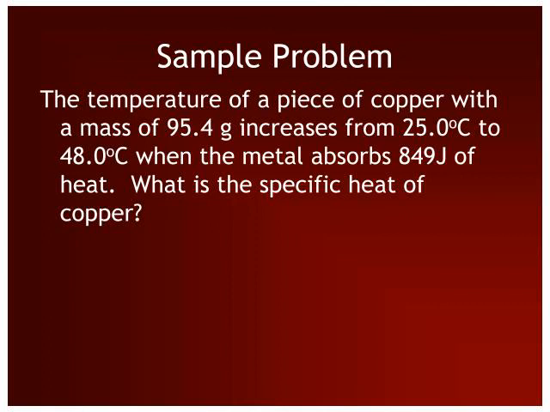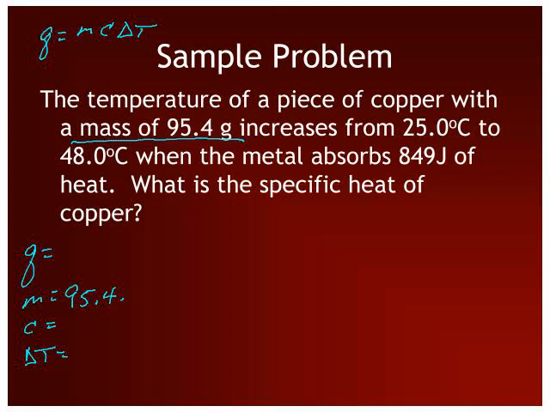Okay, now we have the temperature of a piece of copper with a mass of 95.4 grams increases from 25 degrees Celsius to 48 degrees Celsius when the metal absorbs 849 joules of heat. And the question is, what is the specific heat of copper? So again, make a list, see what we know. Okay, we're given a mass of 95.4 grams.